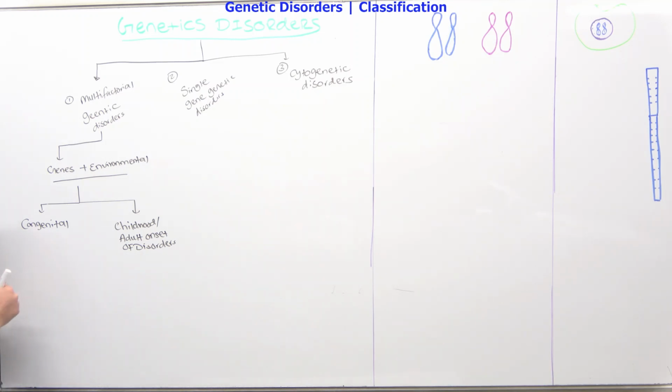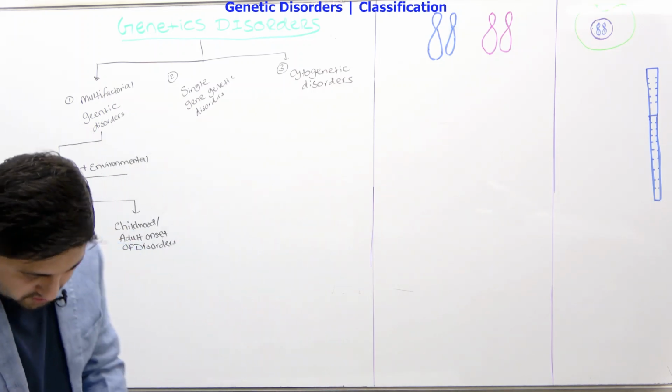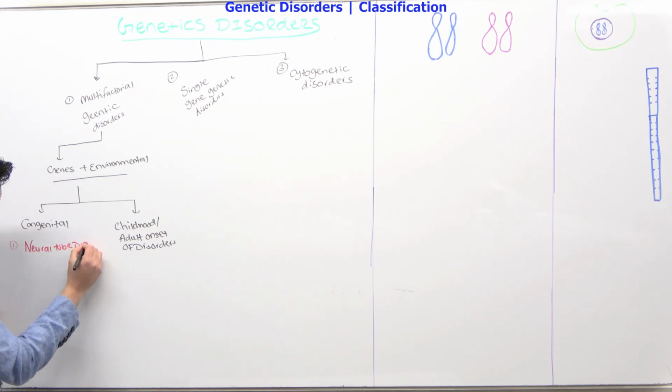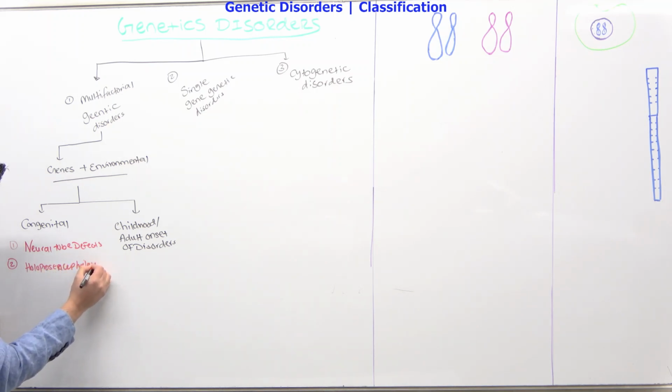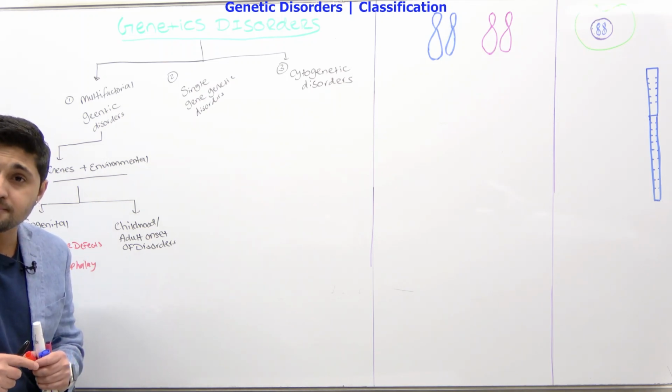Number one, remember this is congenital. Let me write it down a little better, so you remember this very well. You've probably heard of neural tube defects. That could be one. Another is, for example, holoprosencephaly, where you have something like a cleft palate, the cleft lips and all of that.